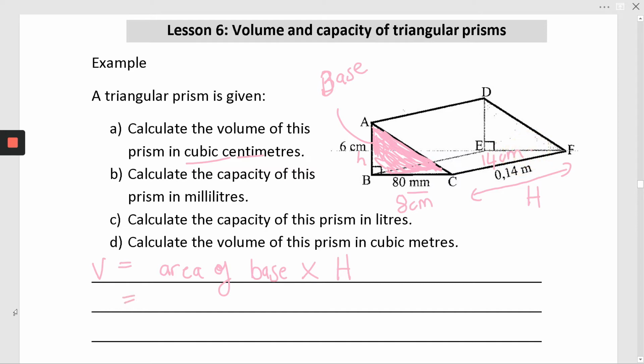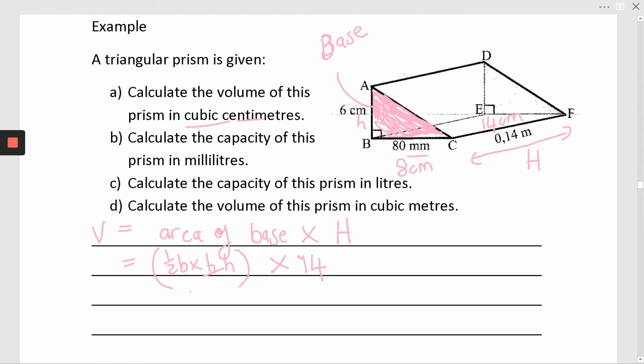Area of the base will be half of my little base times my perpendicular little height. And then I know that the height of the prism is the 14 centimeters. My area of my triangle base then will be a half times 8 times 6, because the 8 and the 6, they are perpendicular to each other.